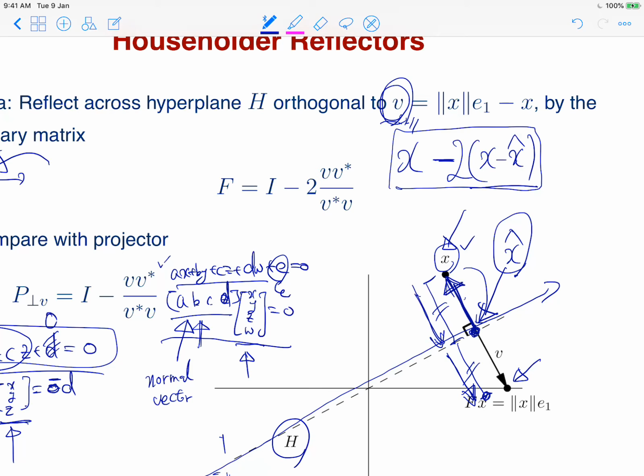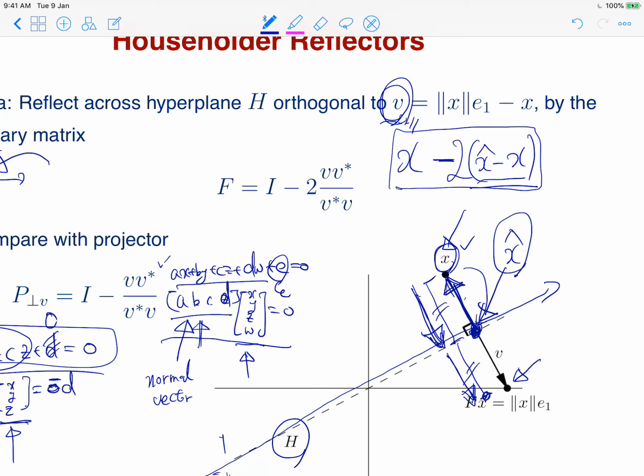Oops, yeah. So it should be x hat minus x, right? Because the starting point is x and the ending point is x hat. So this vector is represented as x hat minus x.